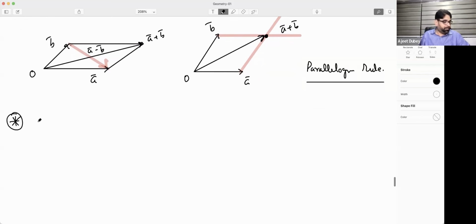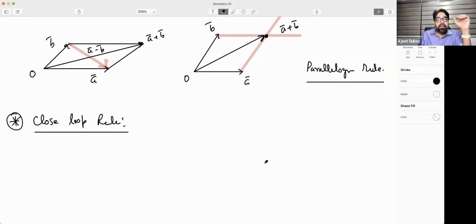Now give another heading: closed loop rule. What does it mean? Whenever more than two vectors are there and they form a closed loop, concentrate on this point.